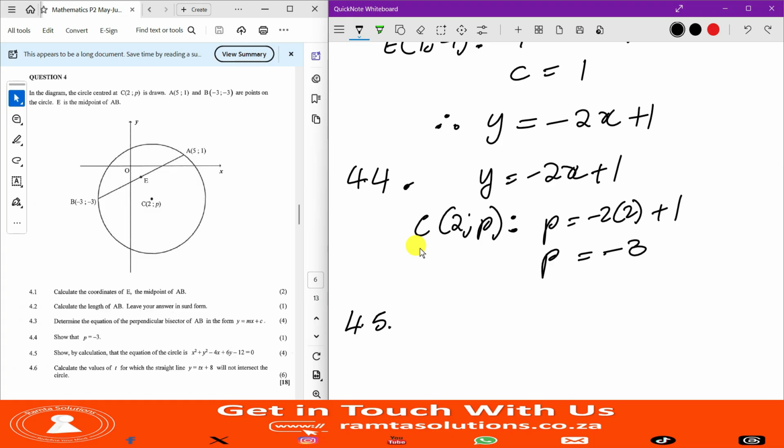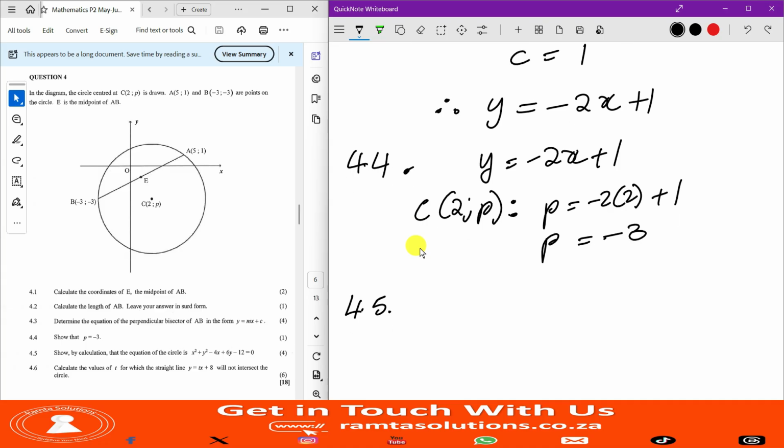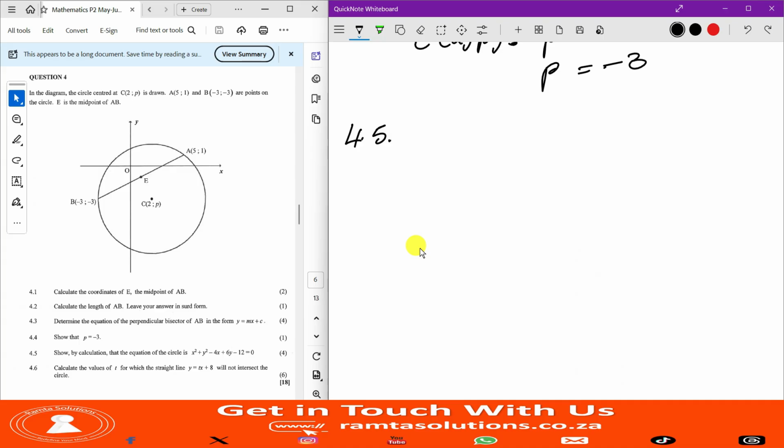4.5, show by calculation that the equation of the circle is x squared plus y squared minus 4x plus 4y minus 12 equals 0. So with this one, the x value of the center was positive 2, so it'll be (x minus 2) squared, plus the y value was negative 3, so it'll be (y plus 3) squared.